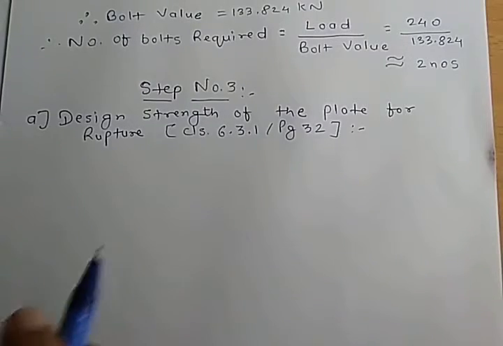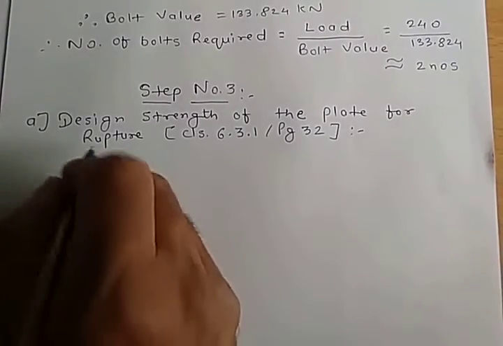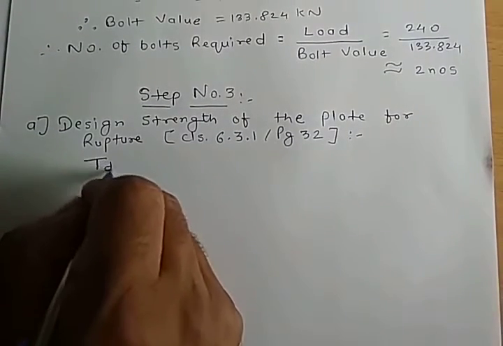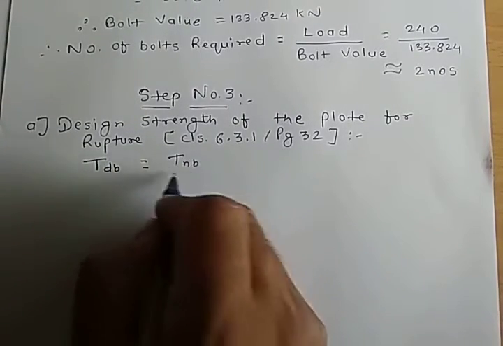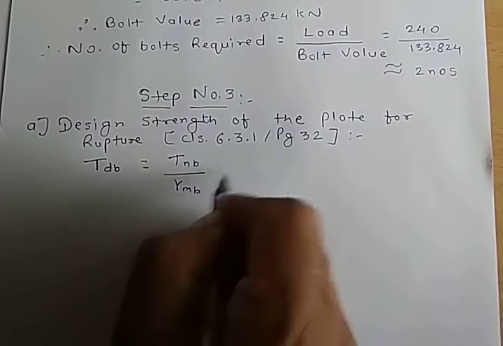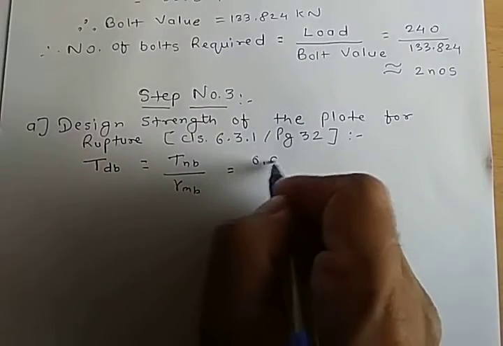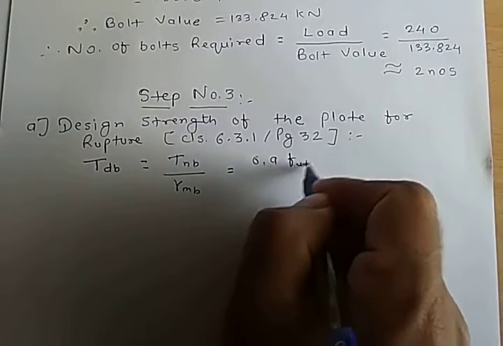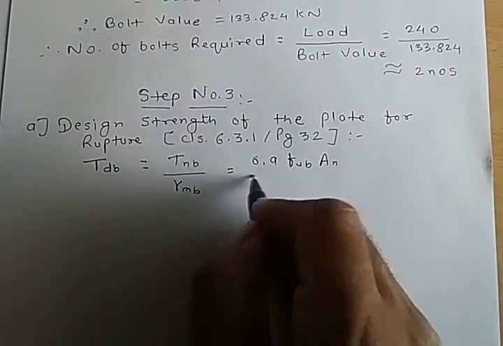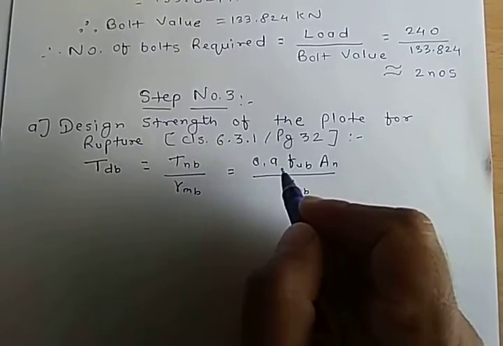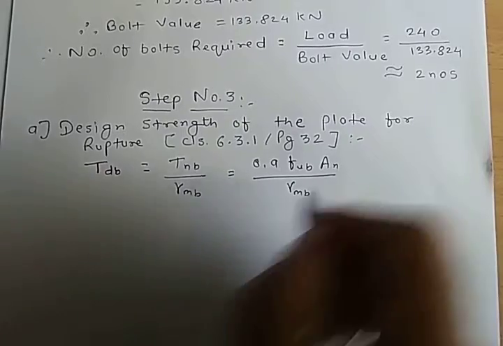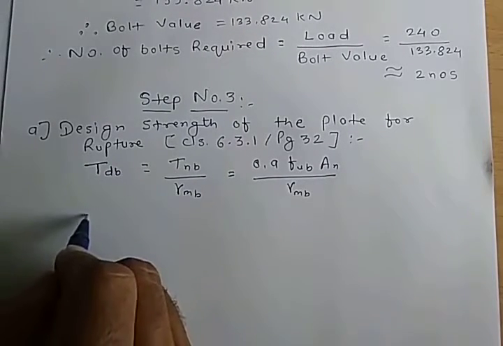So now if you calculate this TdB, that equals 0.9 FUB AN divided by gamma MB. So that is the formula according to the rupture criteria. Now here we will go through the calculation of first of all AN.